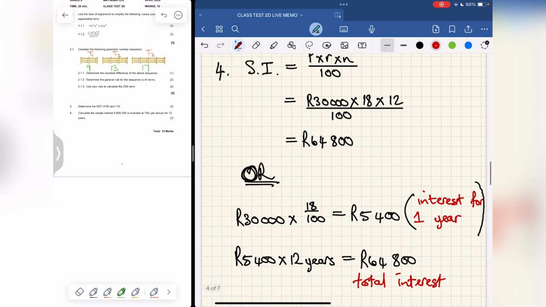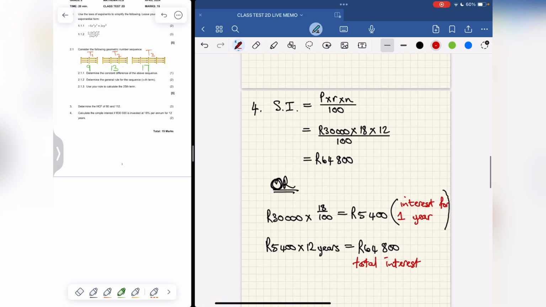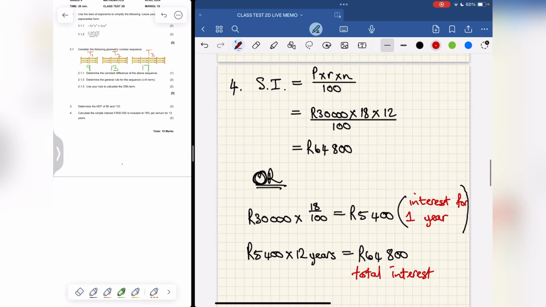So those are the two ways that you can calculate the simple interest, by using either this formula over here, or by calculating interest for 1 year and then multiplying it by the number of years that they are asking for to get your total interest at the end. But both answers, of course, should be the same.